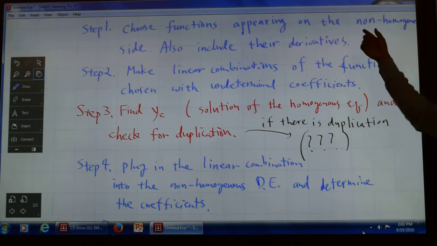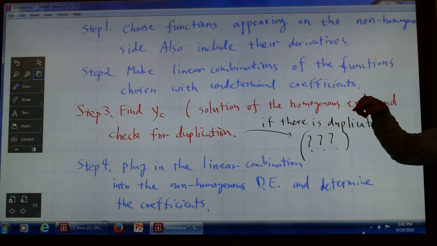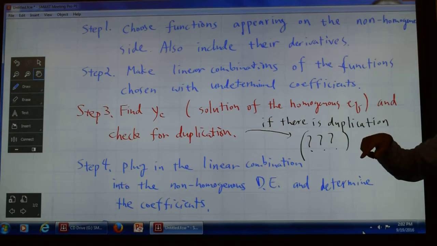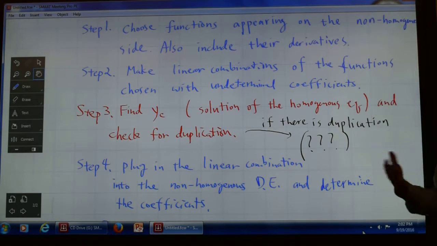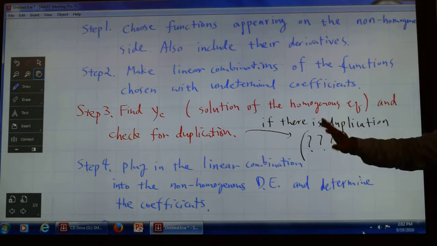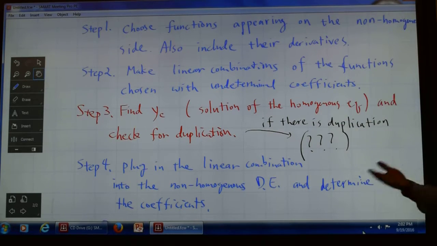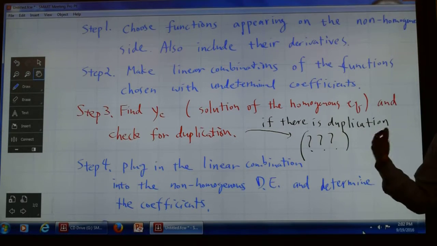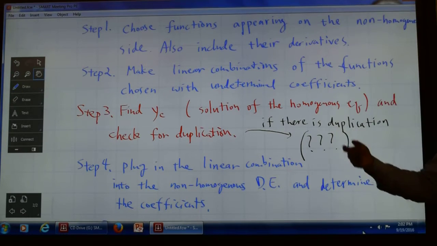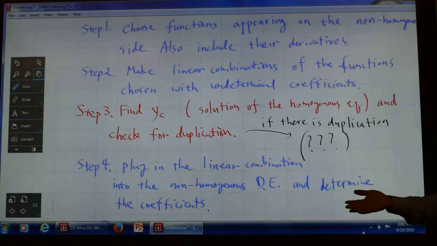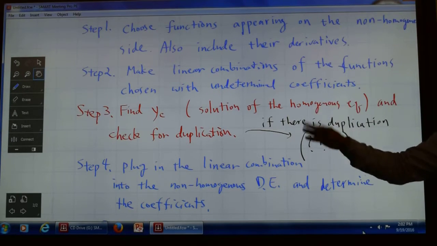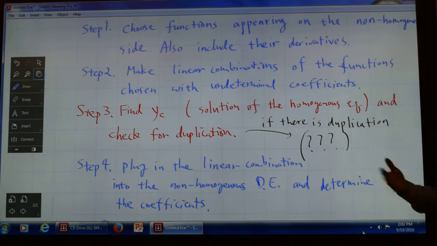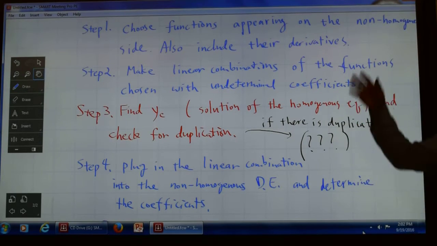However, if you had sine x, if you differentiate sine x, you get cosine, but differentiating cosine, you come back to sine again. Although it's negative sine, it doesn't matter. It's still some multiple of sine, so in that case, we just need sine and cosine. Same thing for exponential functions. Say e to the negative x. The derivative is negative e to the negative x, but it's the same function, different coefficient. So if it's the same function, you don't add to the list.